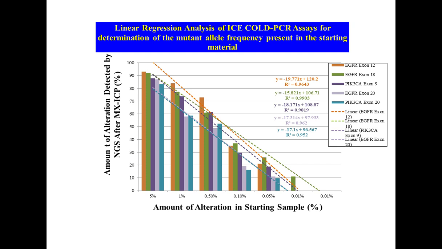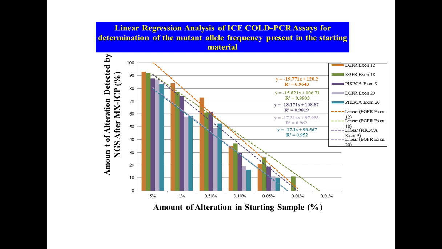for the same mutation on the same amplicon. But for different mutations, the enrichment is different, so the relation is different. So it is not possible to have a single relation that will tell you what the enrichment is, irrespective of where on the sequence it has taken place.